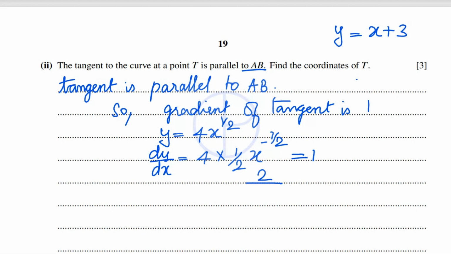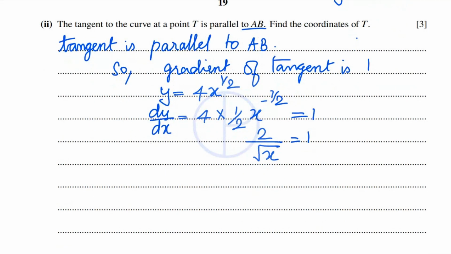So 2 divided by square root of x equals 1, or 2 is equal to square root of x. When you square both sides, you will get x equal to 4.